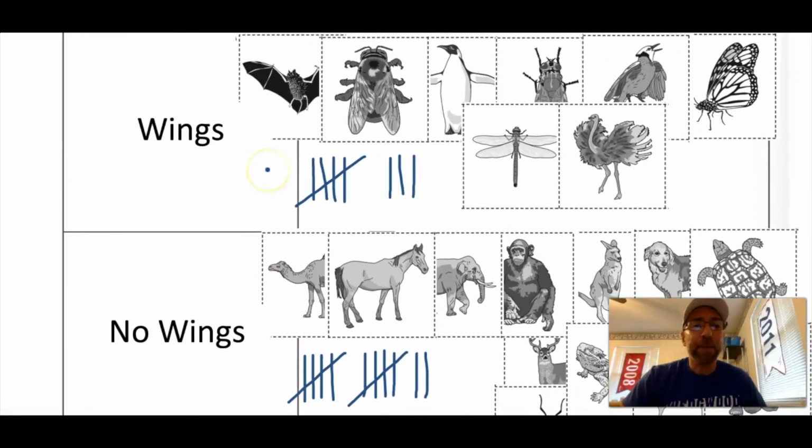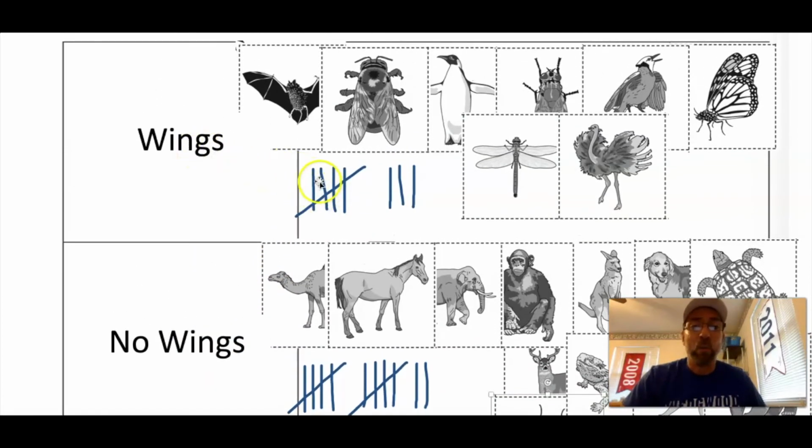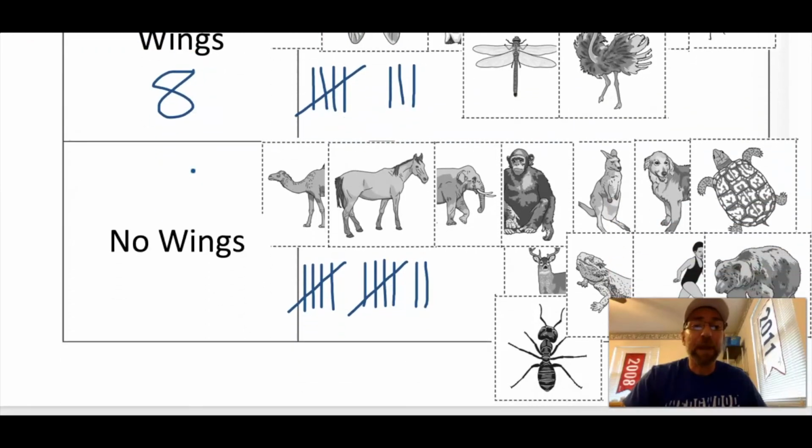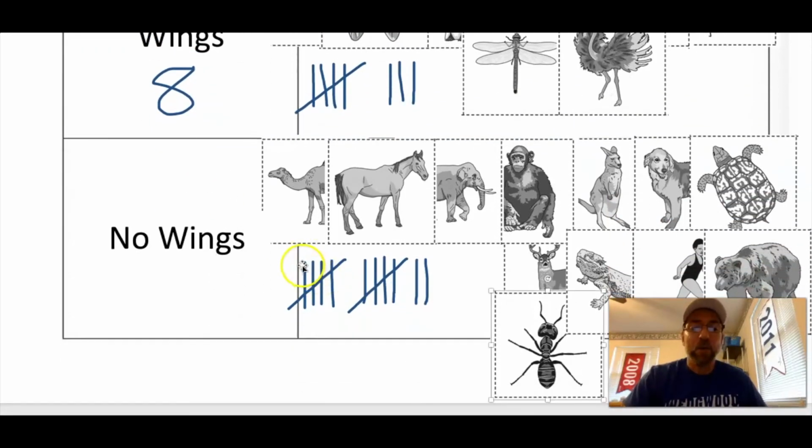So for my wings, I had 1, 2, 3, 4, 5, 6, 7, 8. And for my no wings, 1, 2, 3, 4, 5, 6, 7, 8, 9, 10, 11, 12.